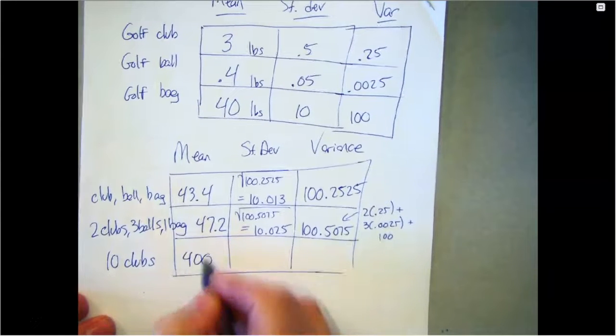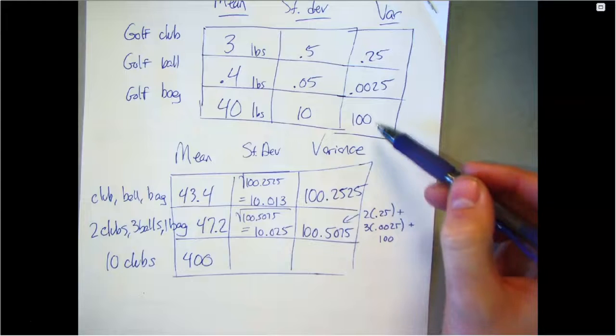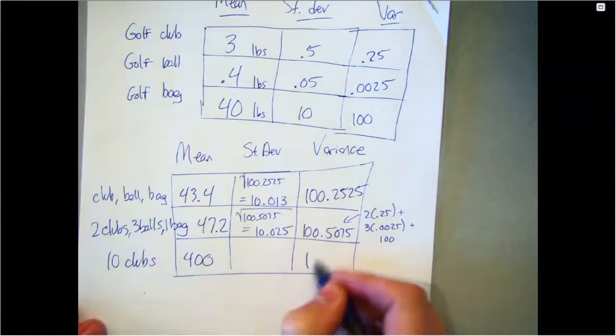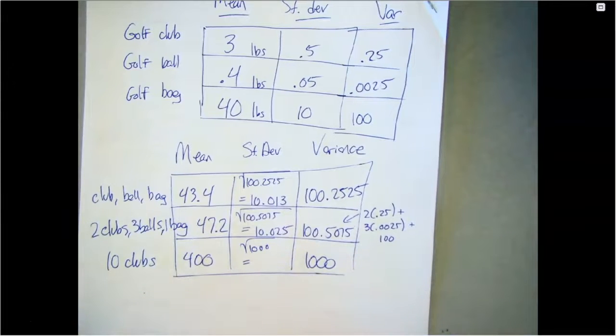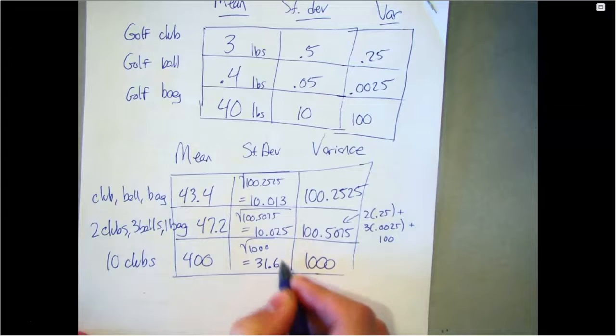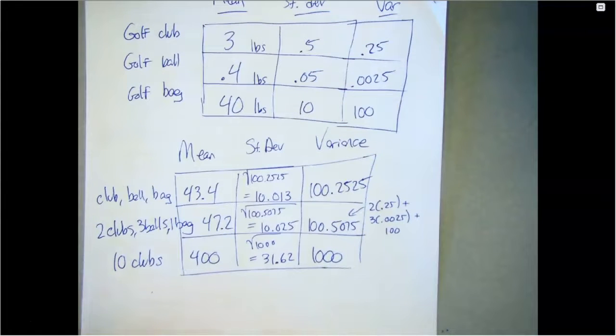And the clubs would be 400. Variance will be 100 times 10, so 1,000. And then the square root of 1,000 is 31.62. Questions on that chart? Did that go better? That was helpful?